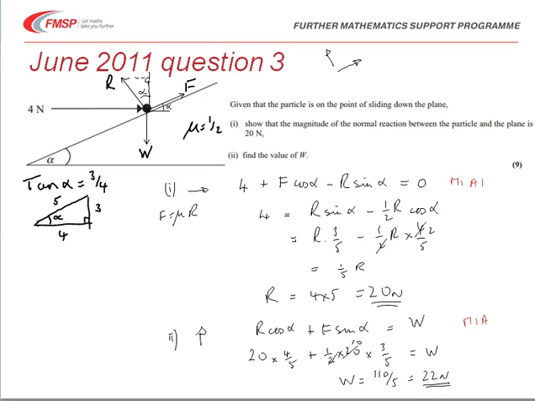So these were values which occur within the answer, but if they were seen to be correct, then there were B marks for those two values. Then a method mark and an answer mark, M1 and A1, for getting R, and finally an A mark for getting W.